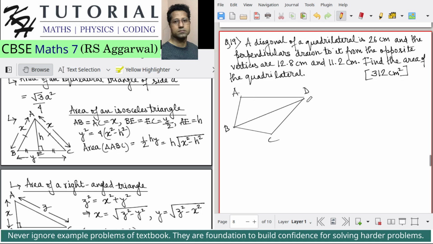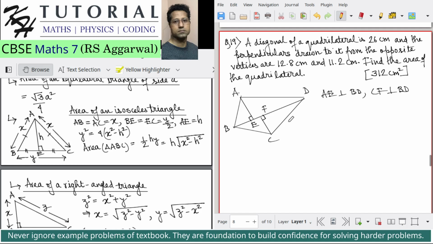Let's say we know the length of the diagonal BD, and the vertices opposite to the diagonal BD are A and C. So we have to draw perpendiculars from vertices A and C on the diagonal BD. So AE is perpendicular to BD and also CF is perpendicular to BD.